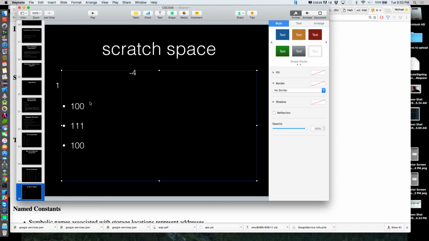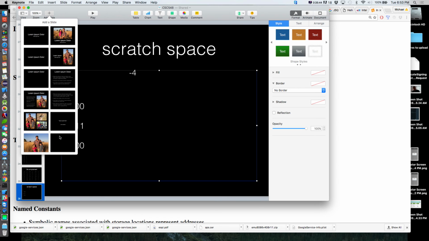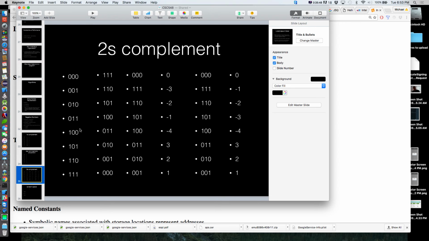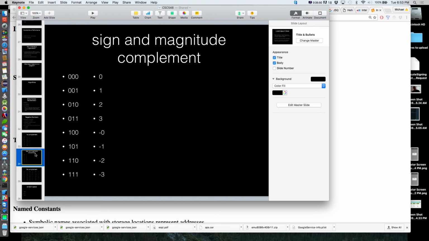Because when you add the positive to its negative, you don't get the 0. When you're adding a positive number to a negative number, when you do binary addition, it doesn't return the correct value.